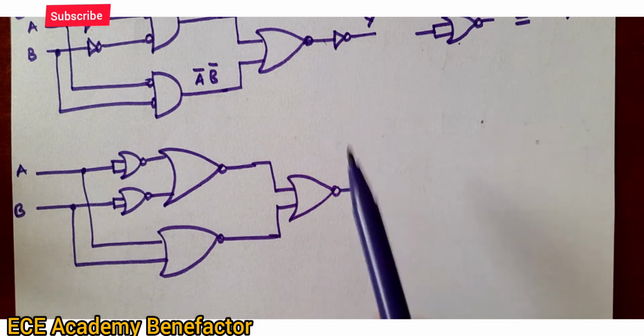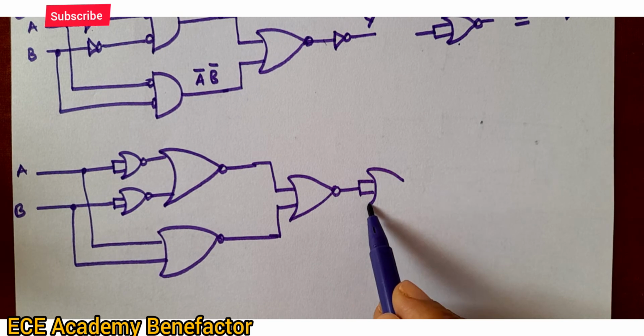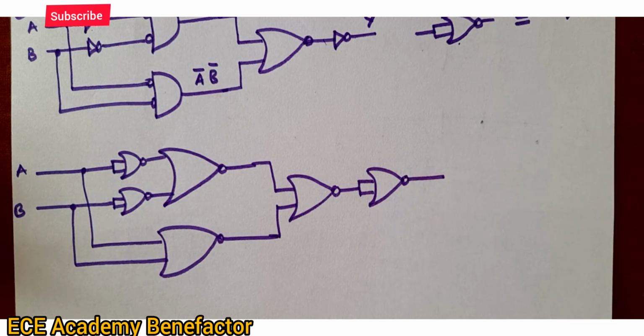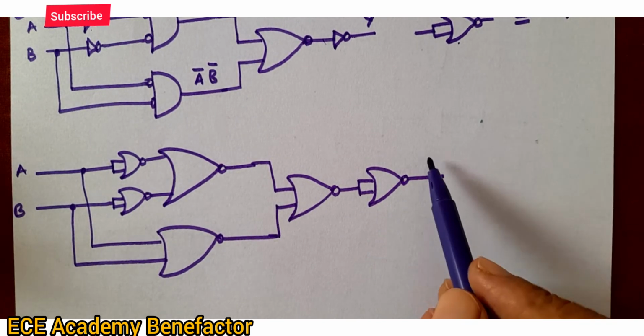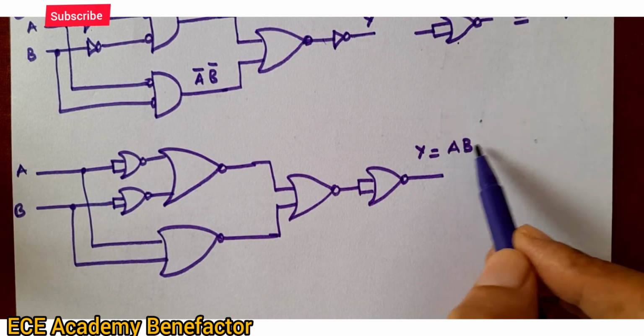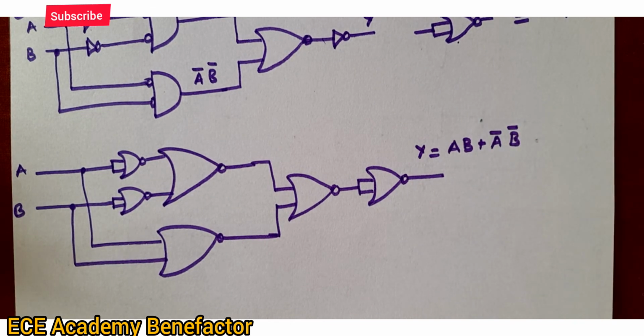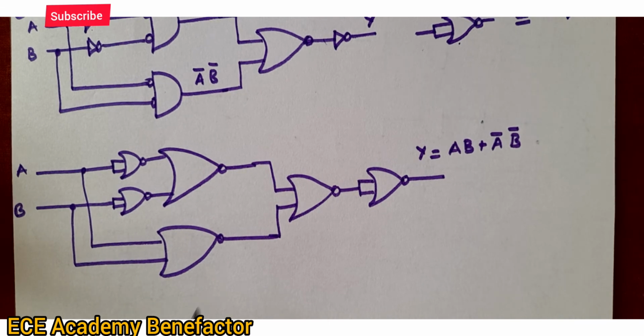And replace this NOT gate by a NOR gate like this. Okay. So here the expression of Y is coming to be AB plus A bar B bar. Yes. So in this way we can convert XNOR gate using NOR gates.